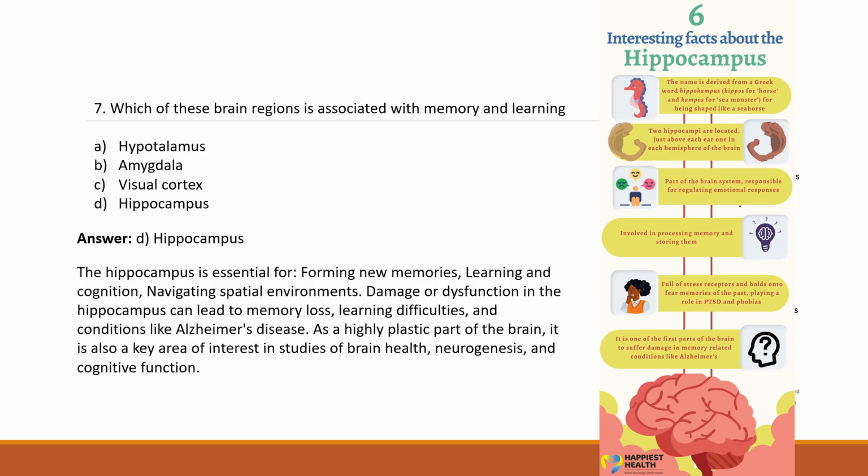So, let's see what the other options are. Your first option is your hypothalamus. Your hypothalamus is your hormone secretor. It is the regulator for major hormone secretions, and it also maintains your body temperature, your hunger, your thirst, your fullness after eating.